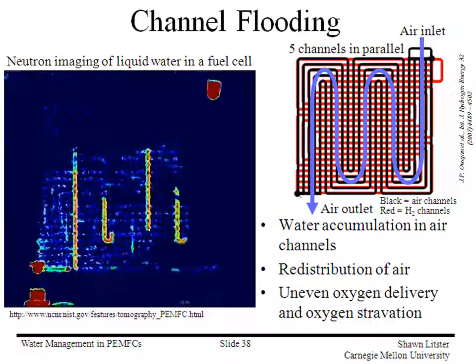On the right, this is a 5 channel design, a mix between parallel and serpentine: 5 serpentine channels that work their way through the active area. You can see some of the channels at certain points just completely flood, which means that at those points only 4 of the channels are actually available to distribute air to the cathode.